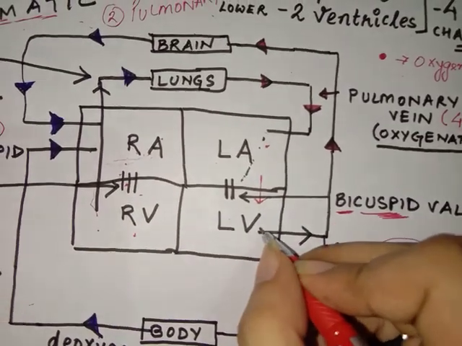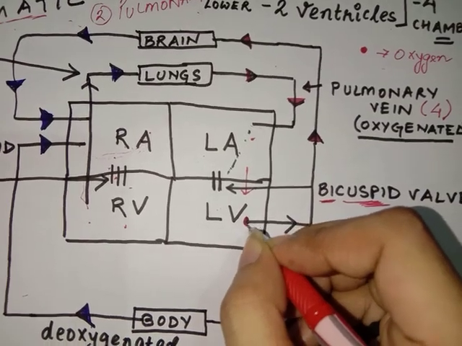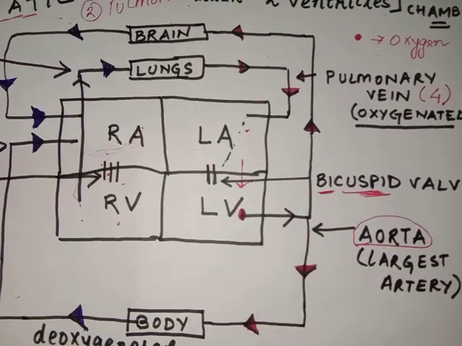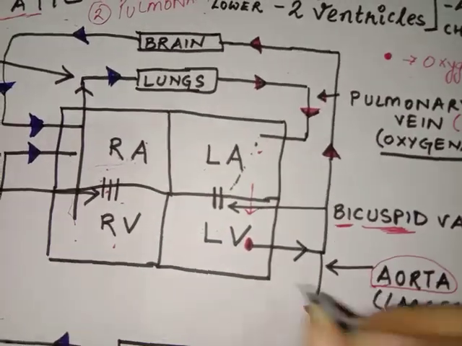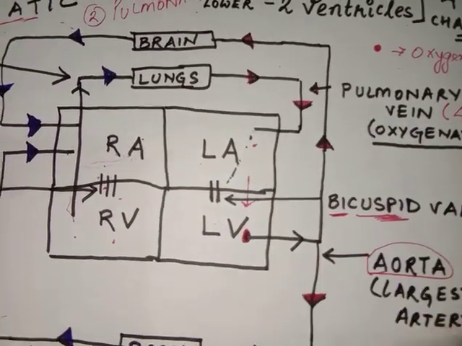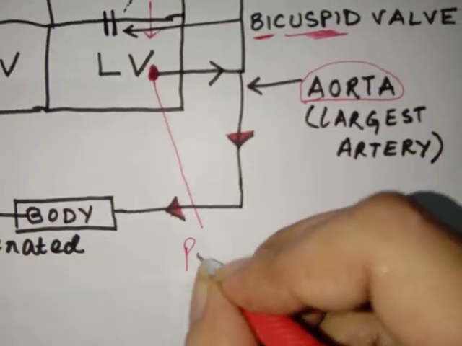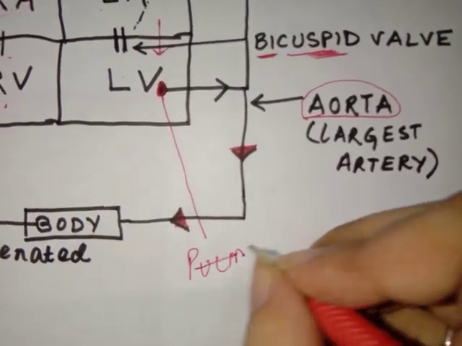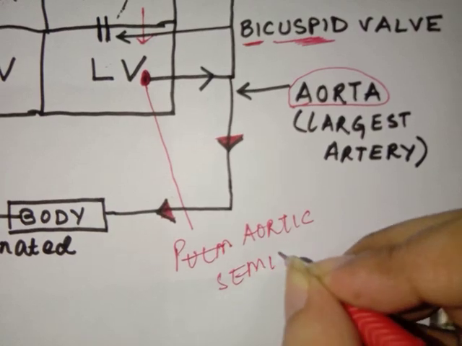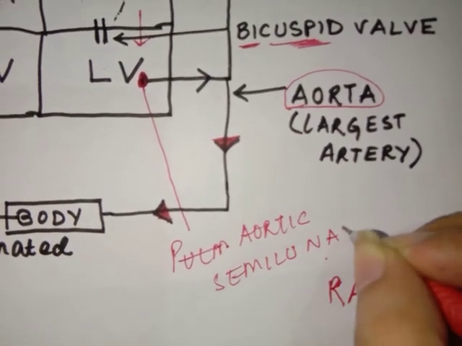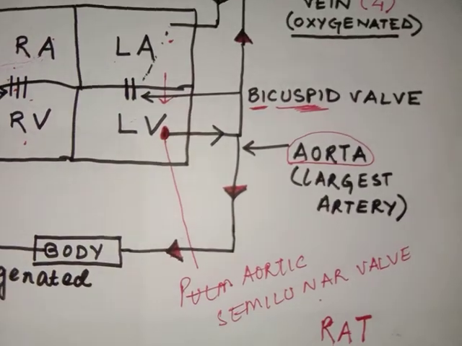For example, the valve present at the beginning of the aorta is known as the aortic semilunar valve. Aortic semilunar valve.